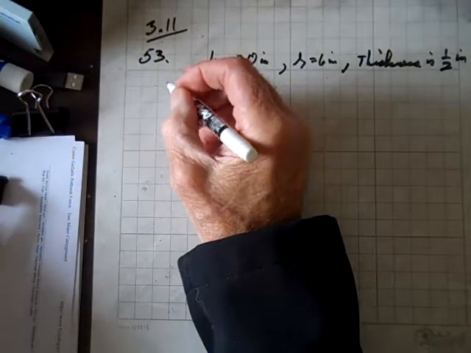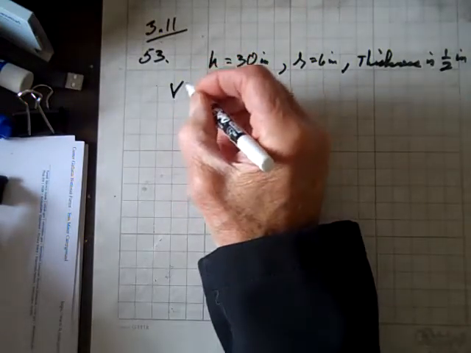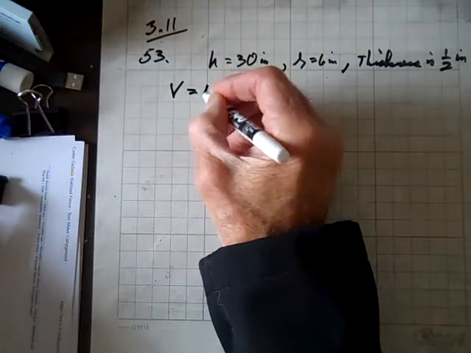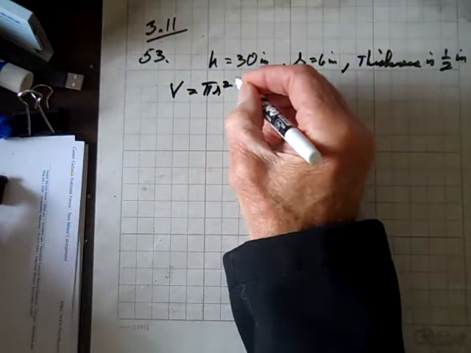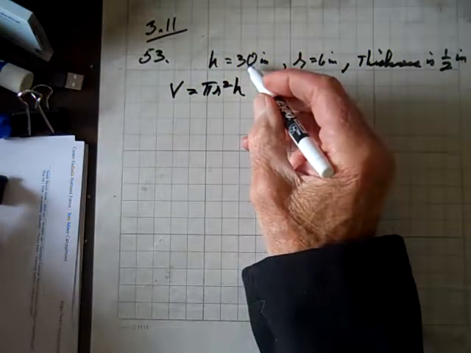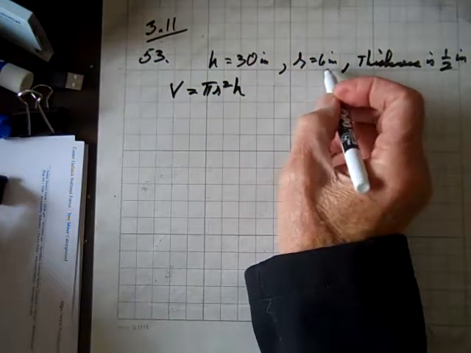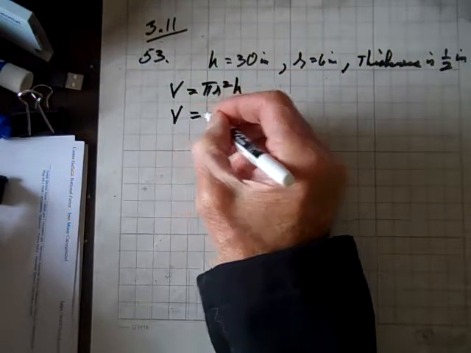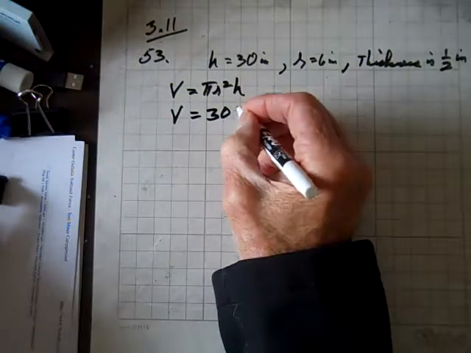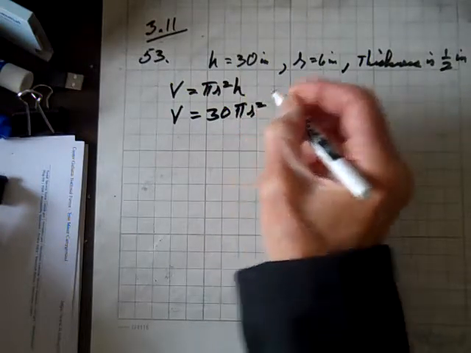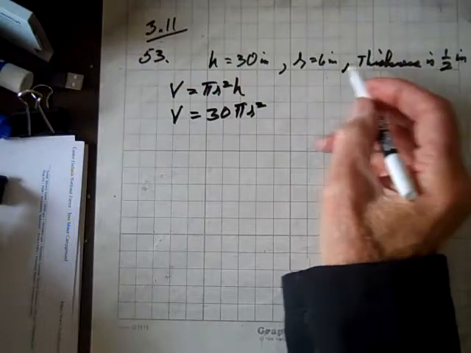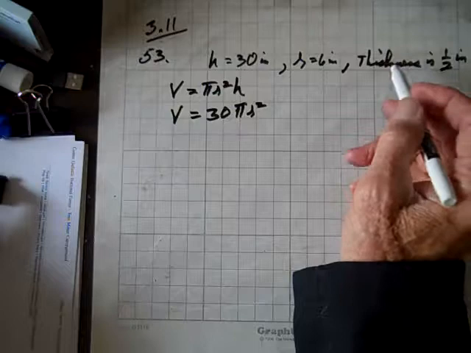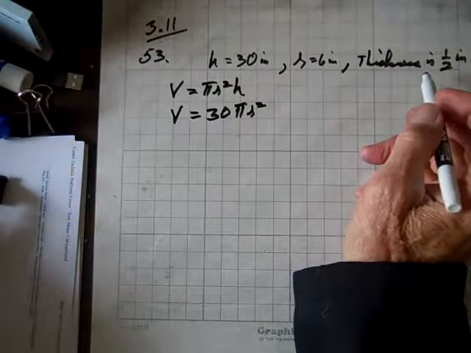So now the volume of a cylinder is V equals pi r squared h. But the radius has no bearing on what the height is, so we can simply replace h with 30 and pi r squared. But the radius is changing as we go from the outside in to accommodate the thickness.